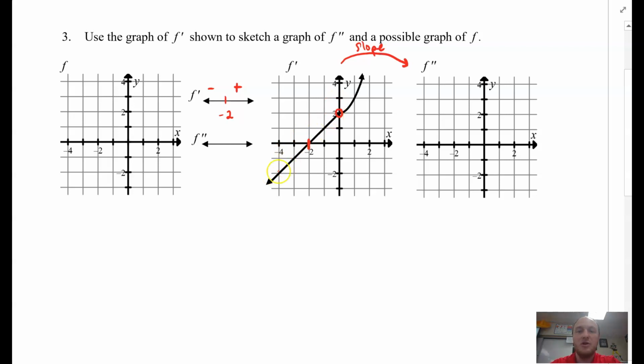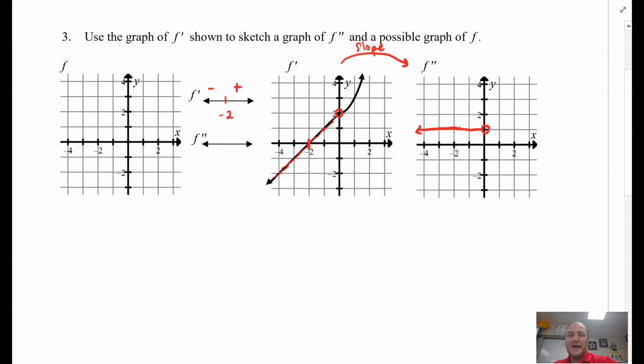So notice our slope from -infinity, it looks like, all the way to 0 is approximately 1. So right 1, up 1. Okay, so my f double prime line is going to look like this. And I'm going to leave an open circle at 0 because we have a point of non-differentiability.